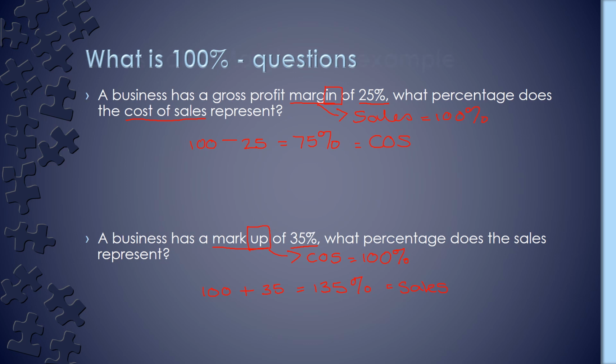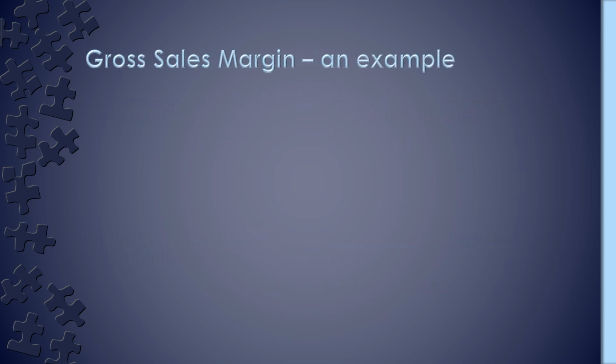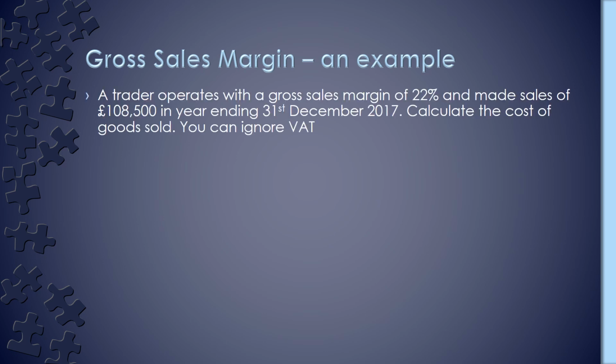So let's put that into practice then on some slightly longer questions. A trader operates with a gross sales margin of 22% and made sales of 108,500 in the year ending 31st of December 2017. Calculate the cost of goods sold.